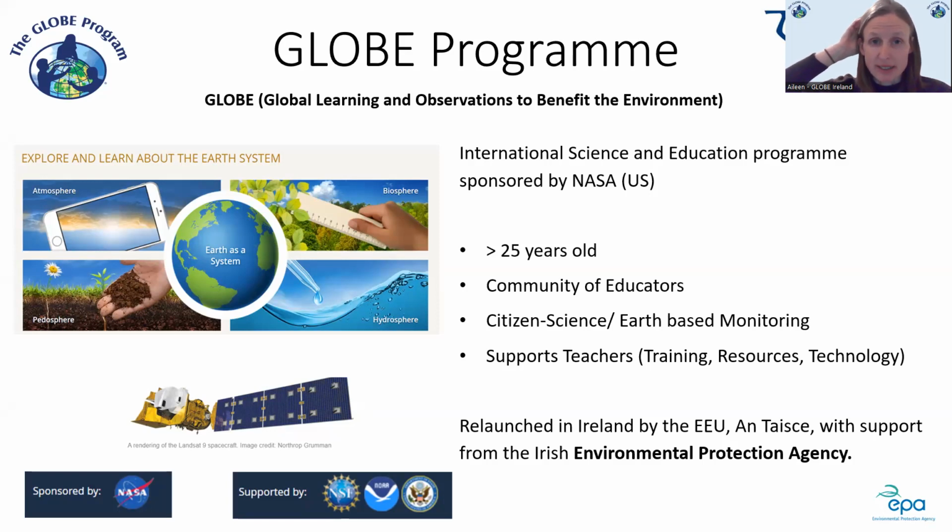GLOBE stands for Global Learning and Observations to Benefit the Environment. A lot of it is around ground truthing observations that are made by satellite imagery. We have different spheres: the atmosphere, biosphere, pedosphere, which is soil, and the hydrosphere. We'll be focused on the hydrosphere for this campaign.